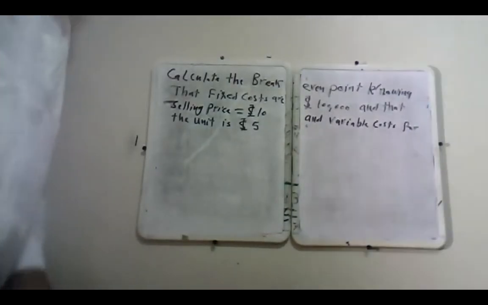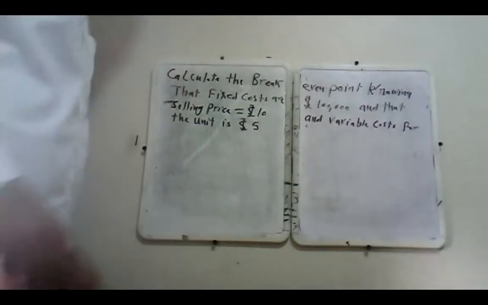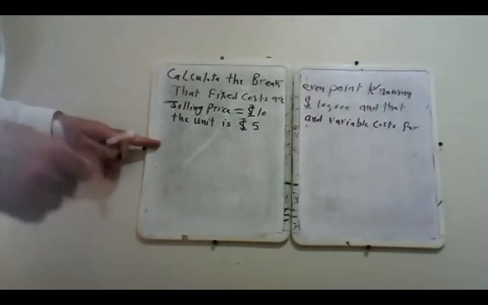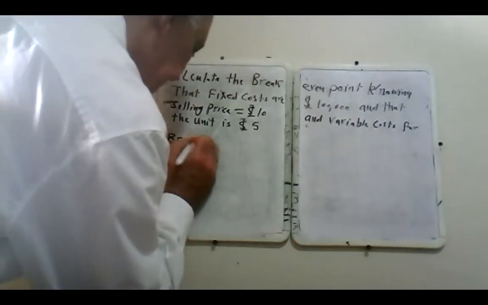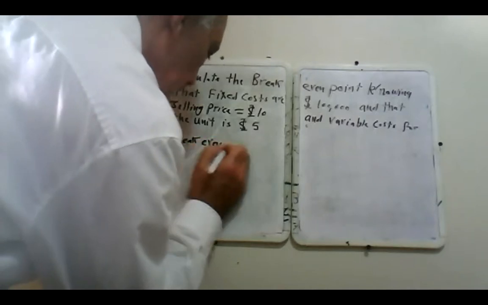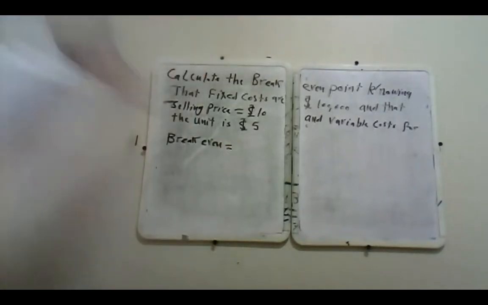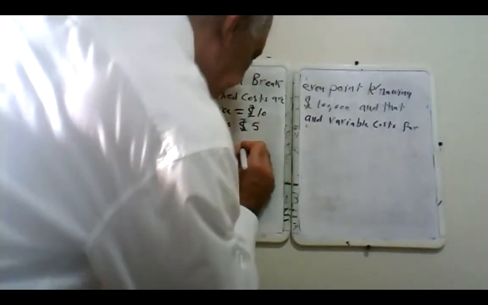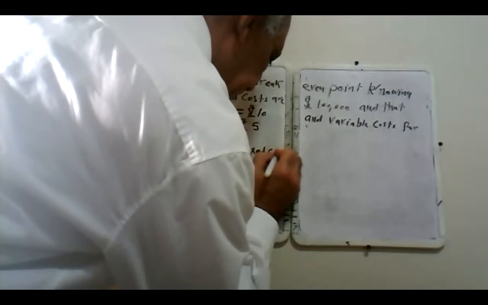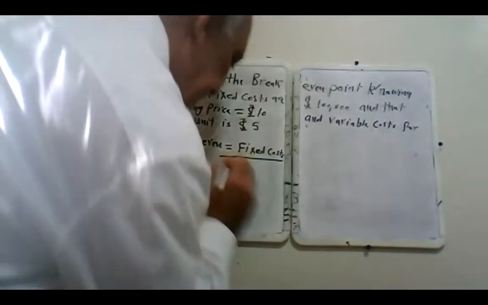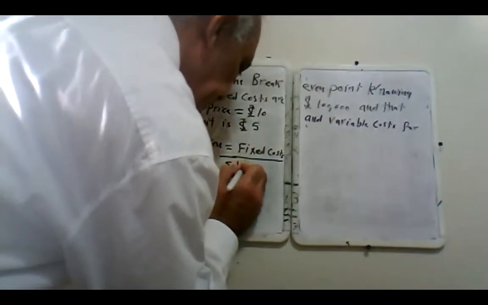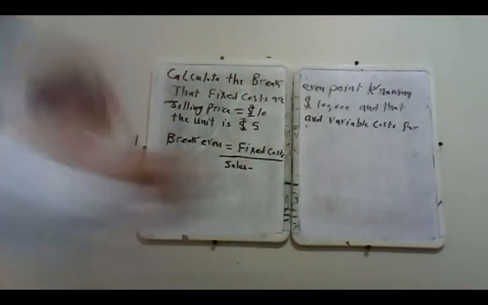First, the break-even point, where there is no gain, no loss, will equal this formula: fixed costs, that is the total fixed costs, divided by the selling price minus the variable cost.